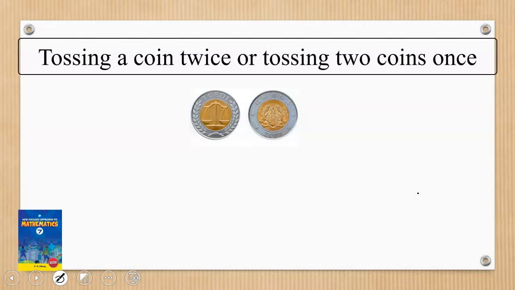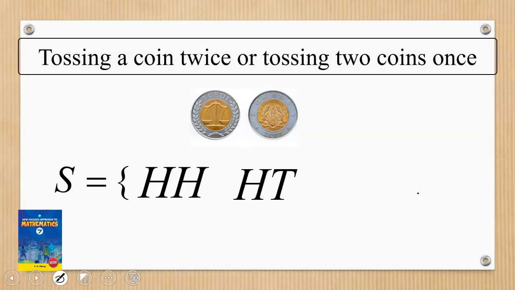If you toss 2 coins once or toss a coin twice, the possible outcome will be either heads appear on both coins, or one will turn head and the other tail, or one will turn tail and the other head.